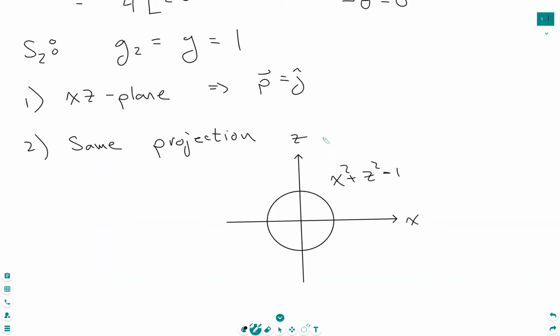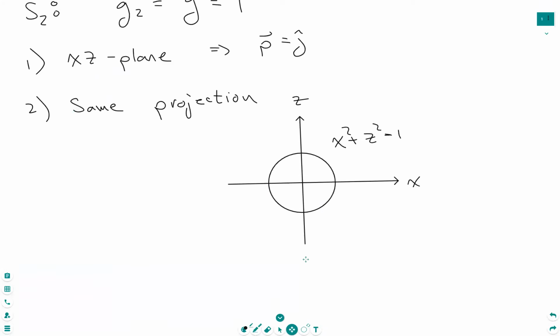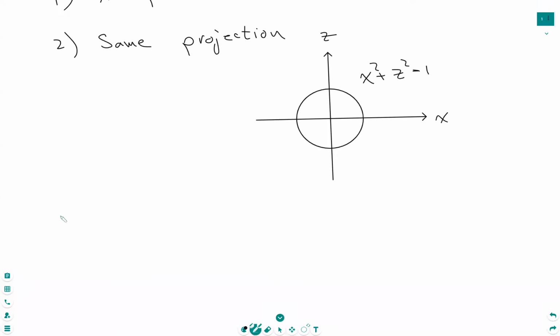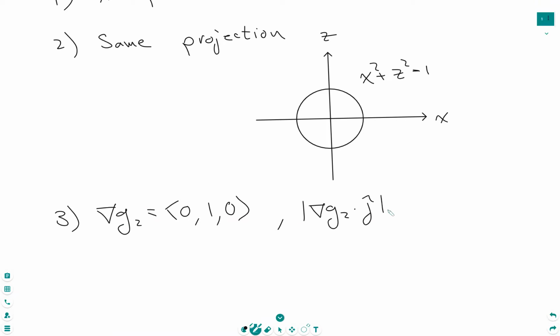We can use the same setup as we did before, where we have x being r cosine theta and z being r sine theta. For step 3, the gradient here is 0, 1, 0. The magnitude of the dot product, oh, let's put j hat in there. This ends up just giving us 1.